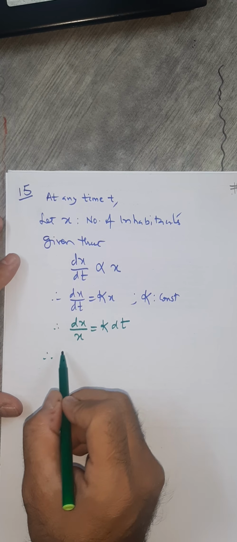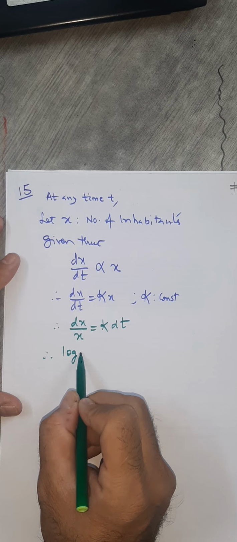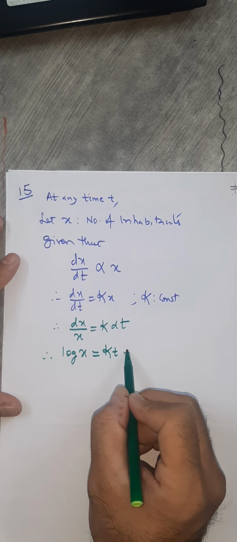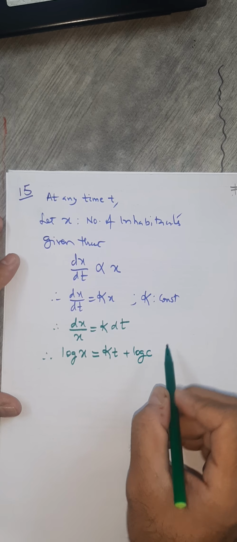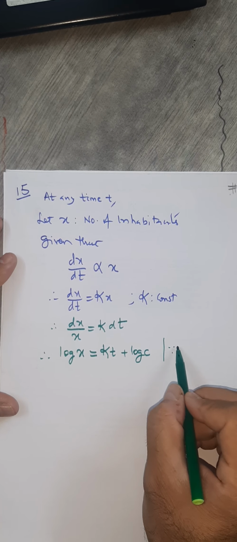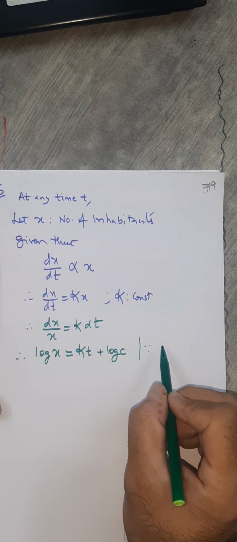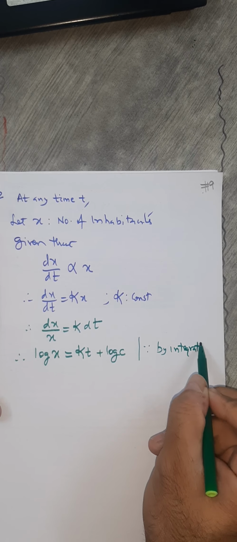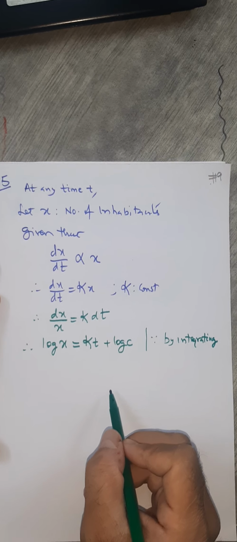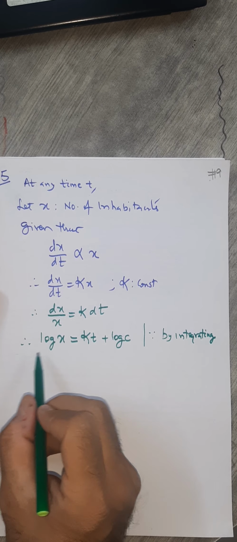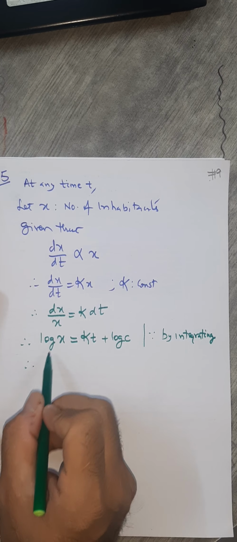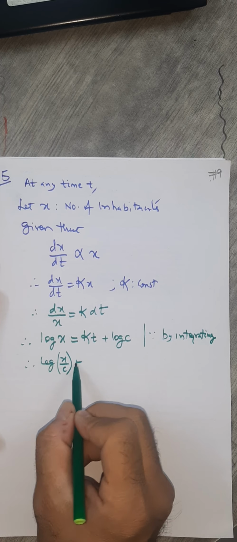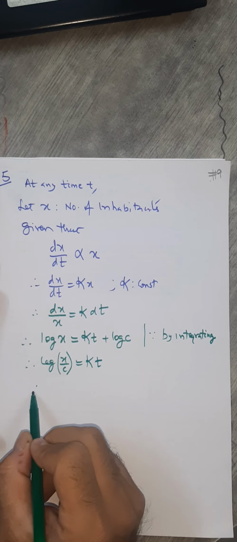We integrate this. What's the integration on the left hand side? Log x. Here we have kt, plus we usually write in such questions log c. Remember, this is by integration. Now we just simplify. I'll take log c over here, so it will be minus, and minus log means division, equals kt.